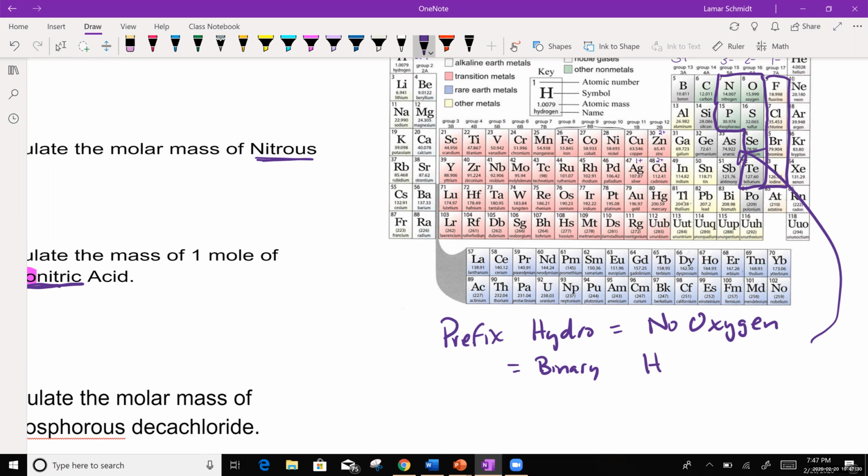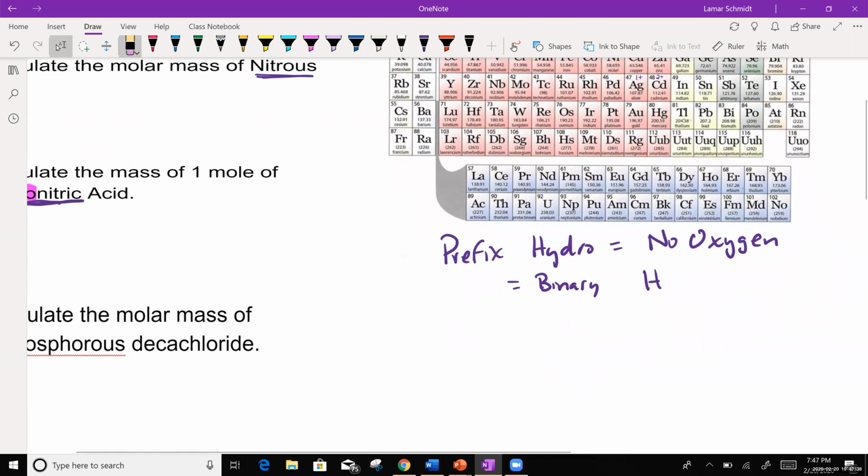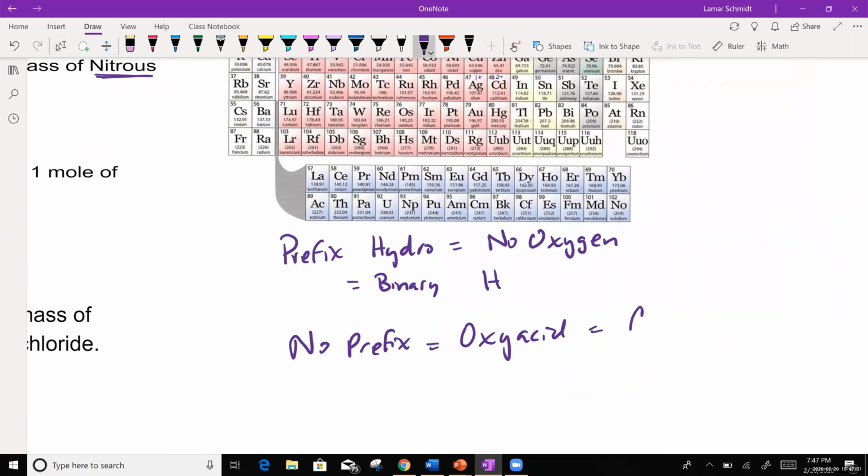And then the others do not contain a prefix. If we have no prefix, that means it does have oxygen. It means it's an oxyacid and contains oxygen.